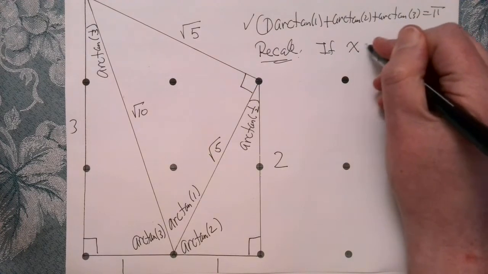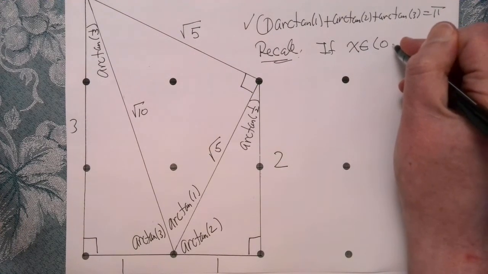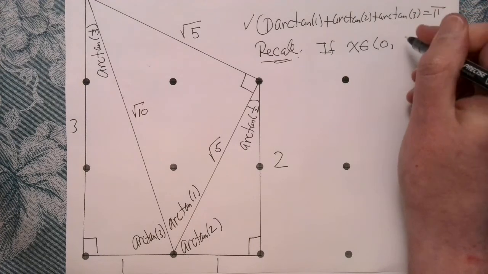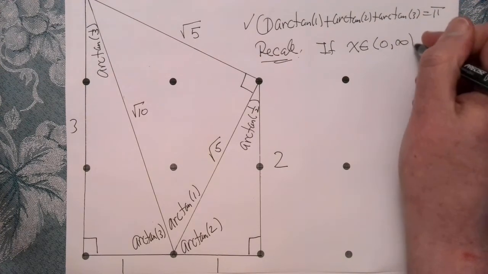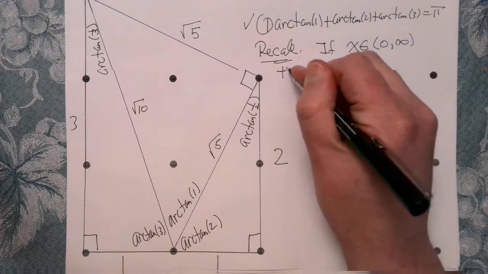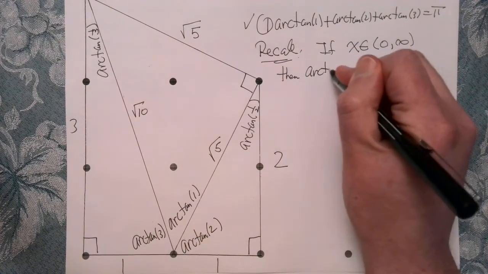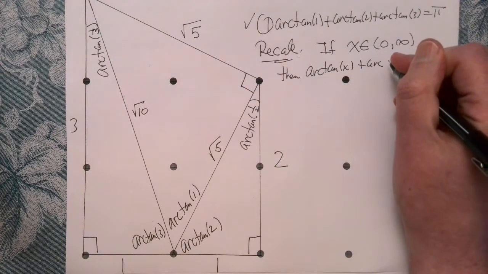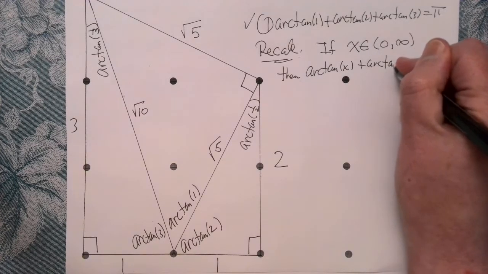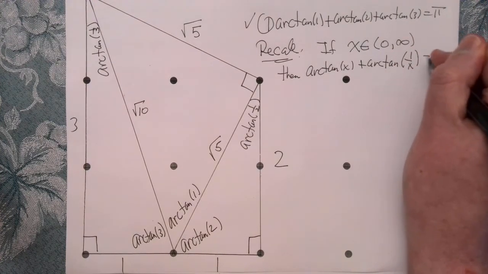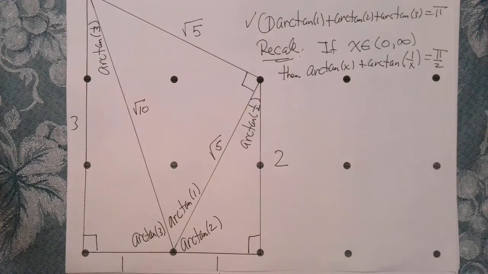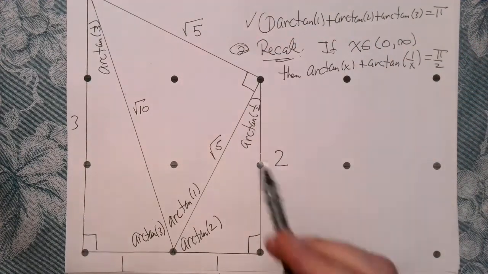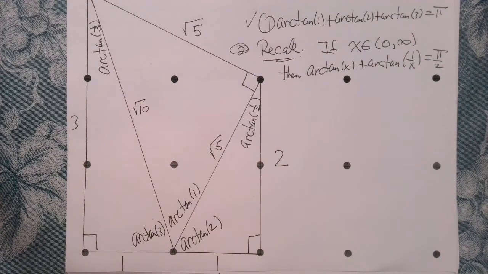We proved the following: if x is a strictly positive real number, then the arctan of x plus the arctan of 1 over x is pi over 2. Okay, so let's call this 2. Let's use 1 and 2 together to prove that the arctan of a half plus the arctan of a third is equal to pi over 4.